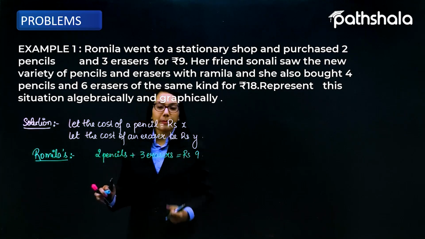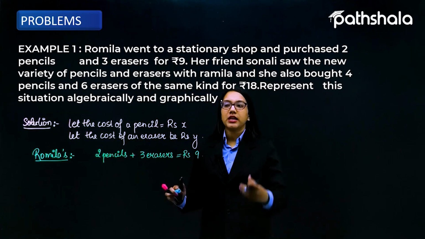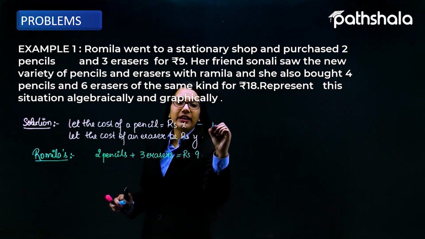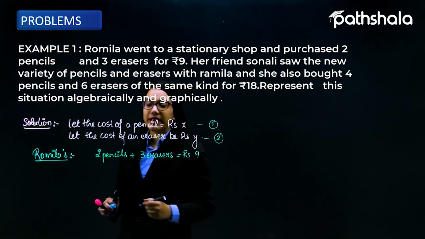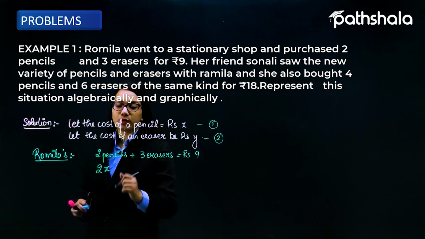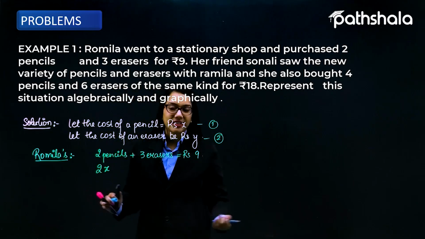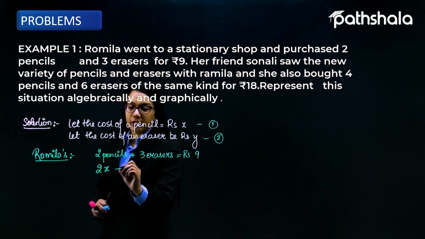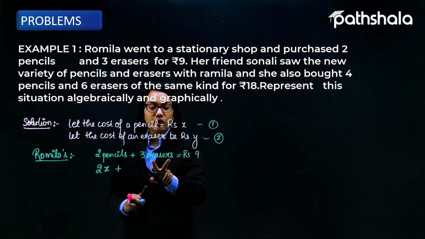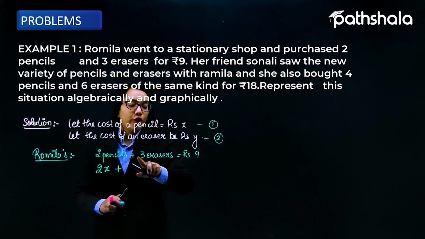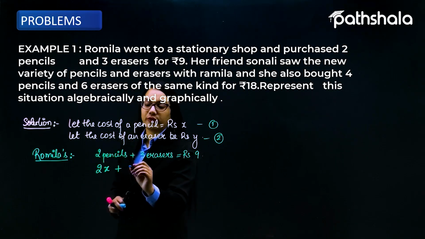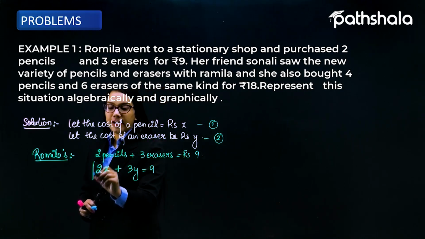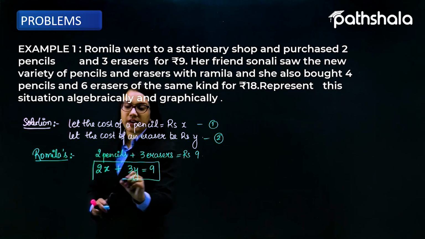So we can convert this situation algebraically: because we have taken the cost of a single pencil as X, 2 pencils cost ₹2x. We have taken the cost of an eraser as Y, so 3 erasers cost 3y, which is equal to 9. So this is our very first equation, 2x plus 3y is equal to 9.